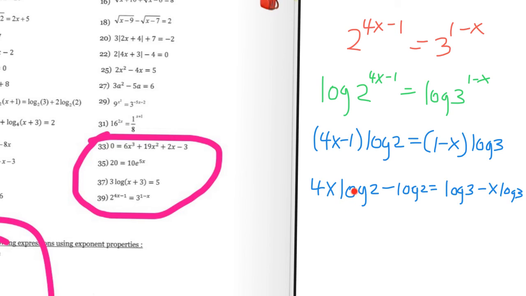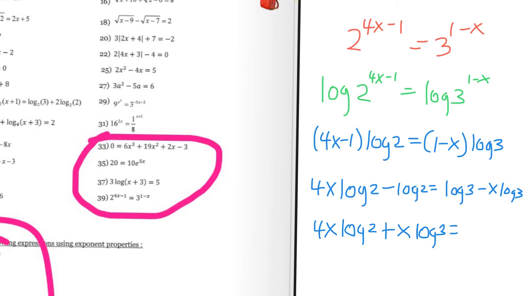So as usual, you take note of the terms that have an x in it and get them on one side, and you take all the terms that don't have an x in it and put those on the other side. I believe that should work. So let's add x log 3 to both sides, and you would end up with 4x log 2 plus x log 3.